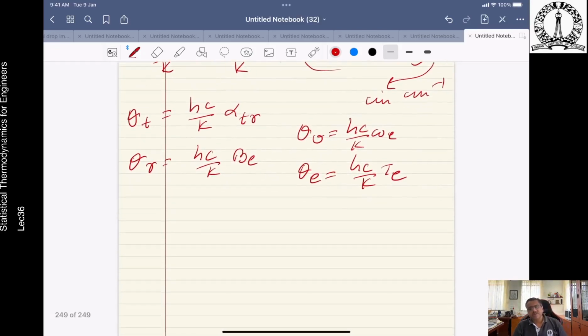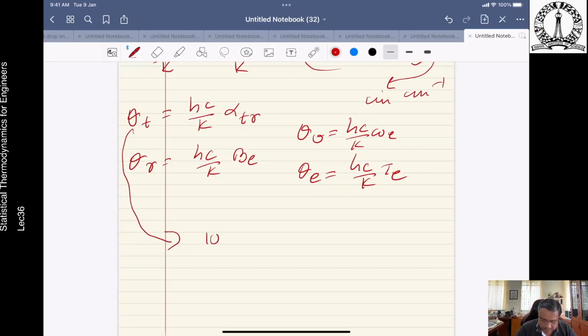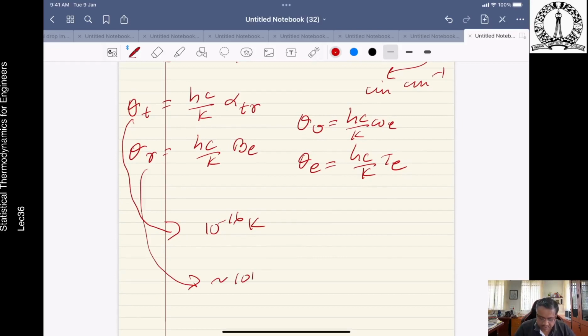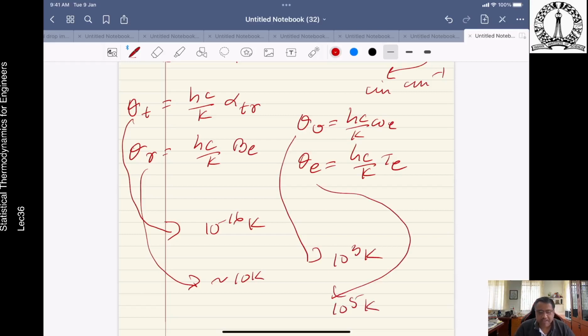The translational temperature usually will be in the range of 10 to the power of minus 16 Kelvin, and even lower translational temperatures are obtained for more massive molecules. The temperature for rotation is of the order of 10 Kelvin, vibration is about 10 to the power of 3 Kelvin, and electronic is 10 to the power of 5 Kelvin.